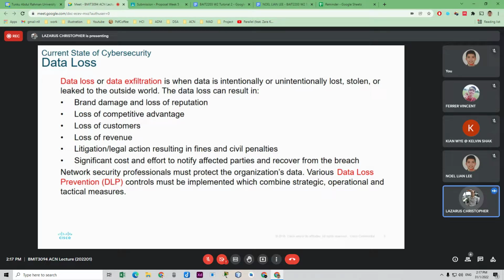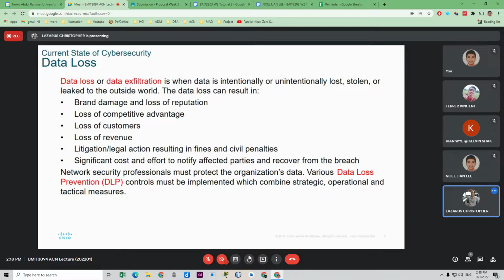So a lot of things have to change. Their security protocol, their security provisioning, all have to change, right? So there's a lot of cost involved. Not only the previous litigation and legal action, but the cost to mediate all the customers, to pacify them so that they don't sue you or whatever.